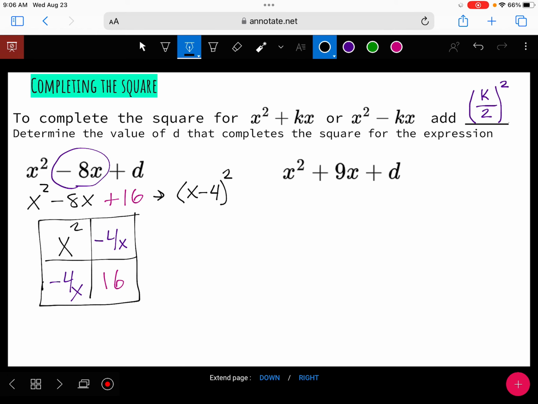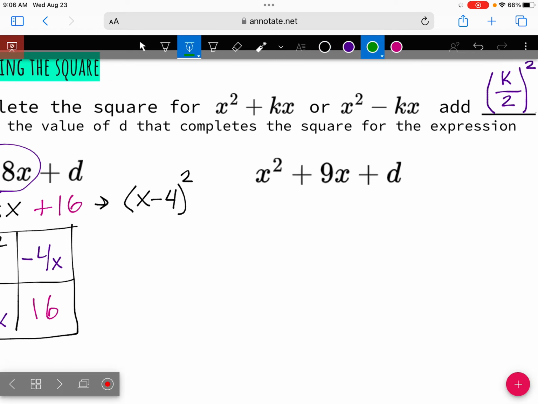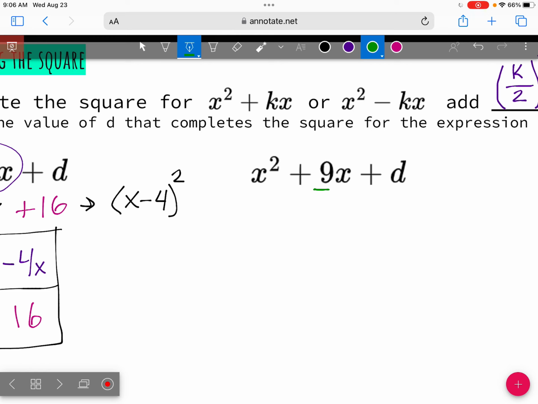Or we can use our little expression, where we take what's in the middle. We divide it into 2 even boxes, 9/2. And then we square it. What is 9/2 squared?